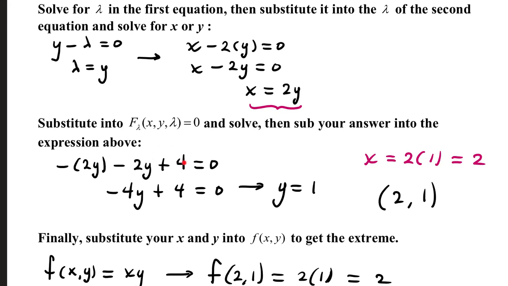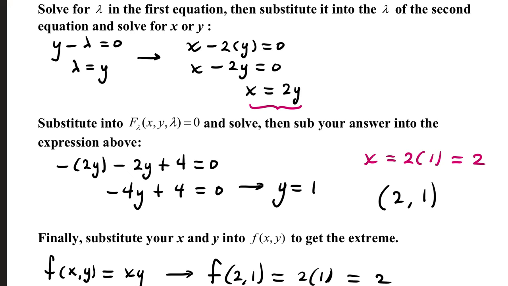Then we have minus 2y plus 4. What it does is it gets us out of a 2-variable trap and puts us in 1 variable only. That totals negative 4y. If we solve for y, subtract 4, divide by negative 4, we get y equals positive 1. Since x is equal to 2 times y, and we just figured out y, x has to be 2. That gives us an ordered pair x, y of 2 and 1.